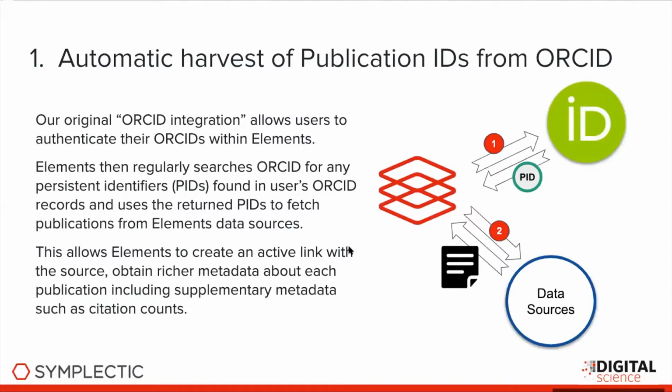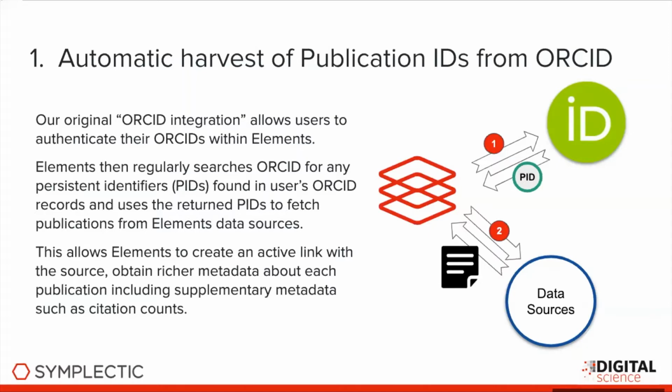So the way in which ORCID IDs are currently used in Elements can be thought of in two distinct approaches. We use ORCID IDs for the automatic harvest of publication IDs from ORCID, and this has been going on for a long time. And this is essentially when users connect to their ORCID account in Elements.